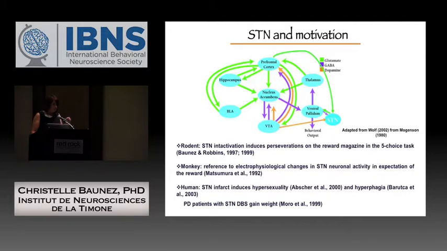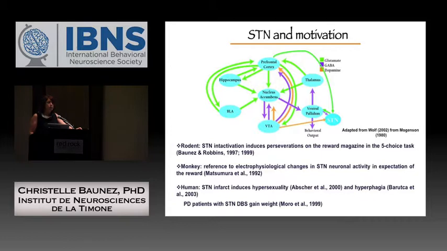And now I'm going to show you results that should convince you that it's really critical for motivation. But what did we know when we started to work on that from the literature regarding the STN and motivation? In the rodent, there were our data showing that STN inactivation induces perseveration on the reward magazine in the 5-choice task.